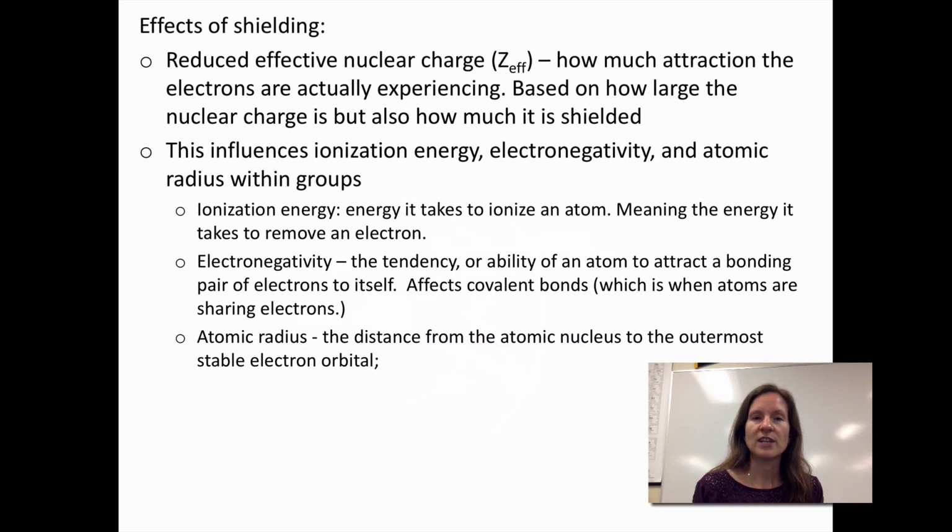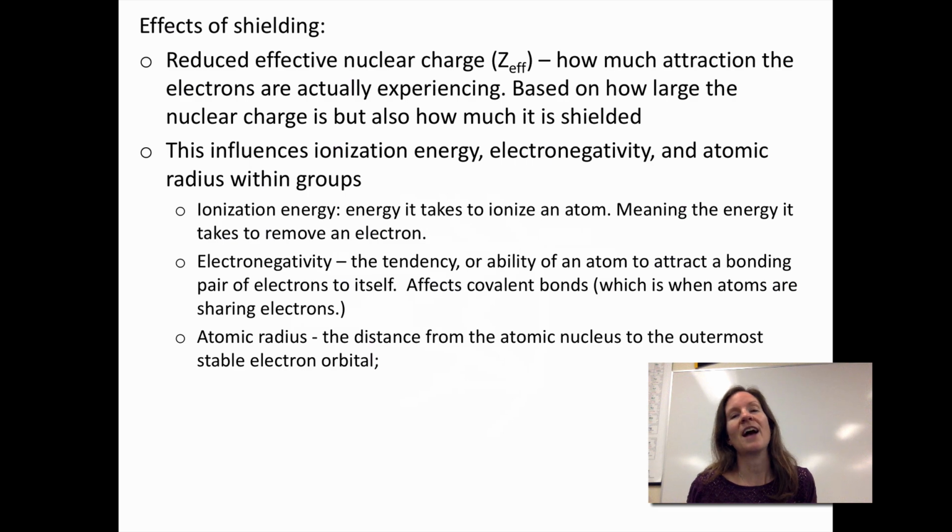This learning target asks you to understand what the effects of shielding are. The number one effect of electron shielding is that there is a reduced effective nuclear charge. That's what it's called. So nuclear charge is the charge in the nucleus. Every proton that's being added increases your nuclear charge. Effective nuclear charge is not just based on how many protons are there, but how well the electrons are actually being attracted to the nucleus, given the fact that shielding exists.